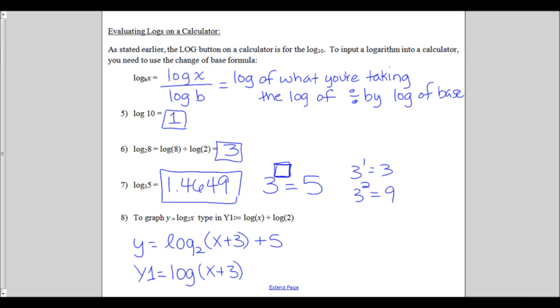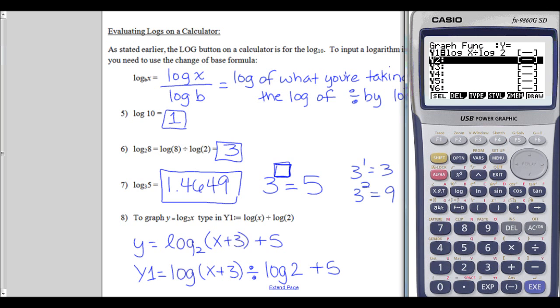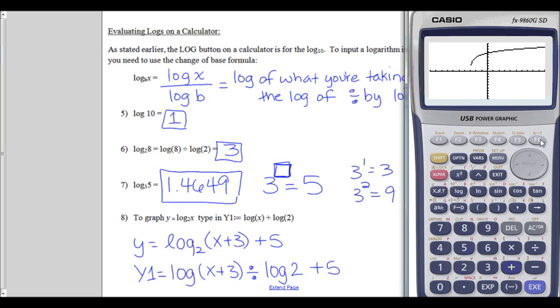Now the 5 wasn't with the base, so the log of x plus 3 gets divided by the log of 2, and then the plus 5 gets written out on the end. So if I'm putting this one in my calculator, I have the log of x plus 3 divided by the log of 2, which was the log of the base, and then the plus 5 was out there on the end, and I can draw it.